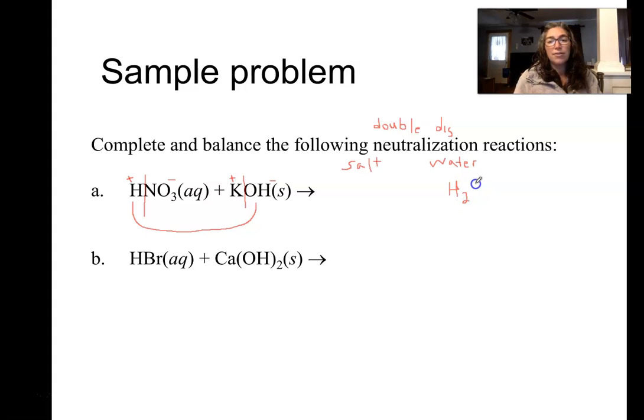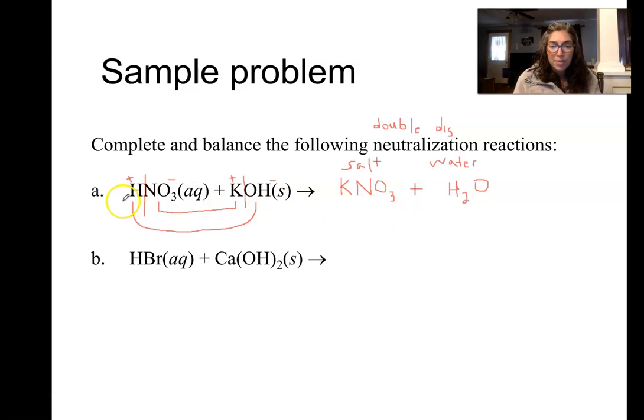And the salt is going to come from the potassium and the nitrate getting together. We always write the cation first. So this will be KNO3. And that's because potassium has a 1 plus charge, nitrate has a 1 minus charge, so they combine in a 1-to-1 ratio. So we end up with potassium nitrate and water.